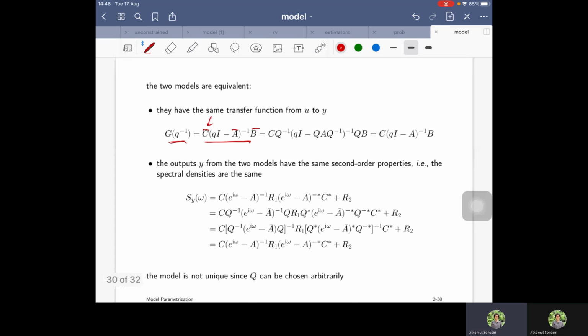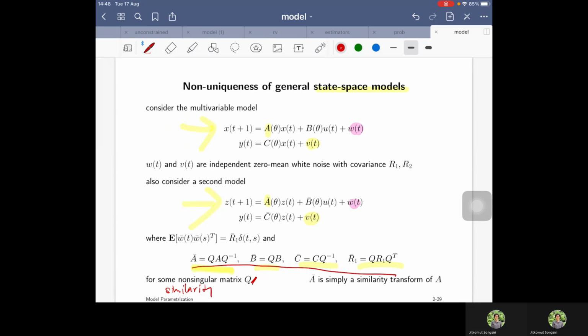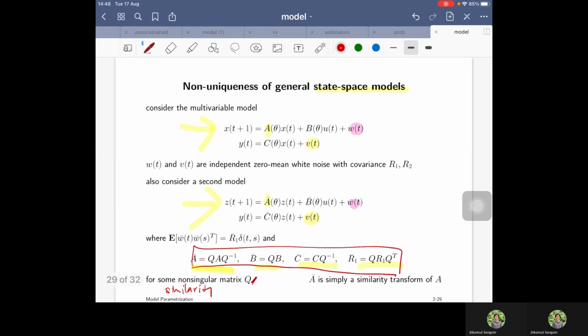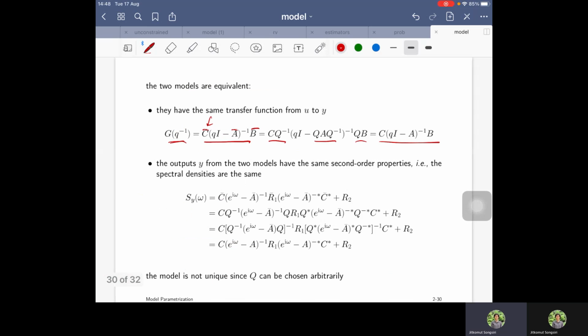But because of this relationship, the system matrices from the two coordinates are related. If you just plug it in, C Q inverse, A bar is Q A Q inverse, B bar is Q B, just work it out. Some cancellation occurs. It happens to be the transfer function you would derive from the first state space model. We get the same transfer function.